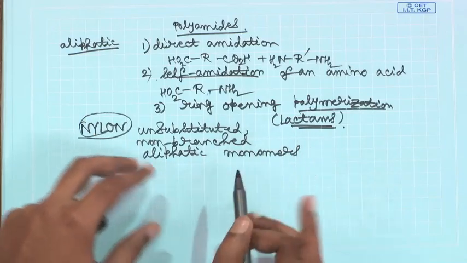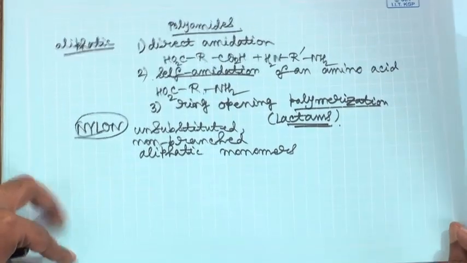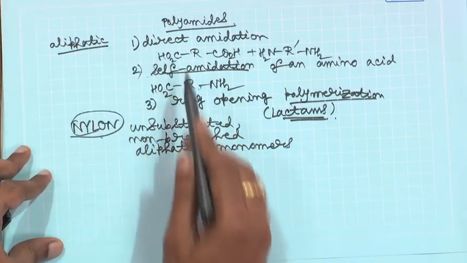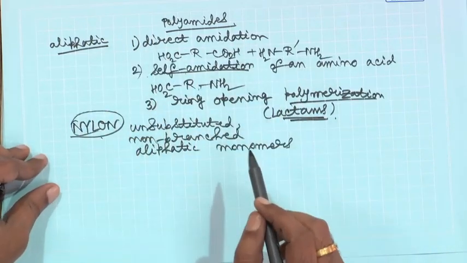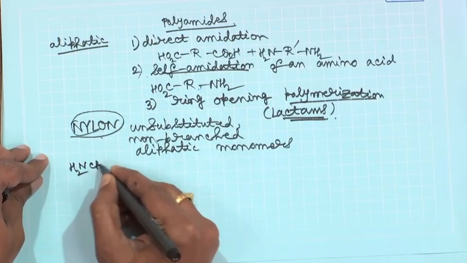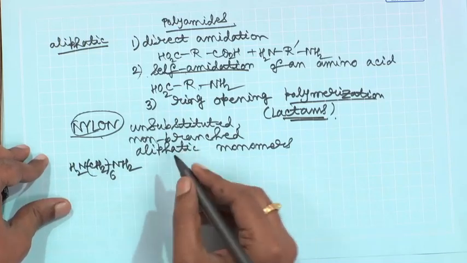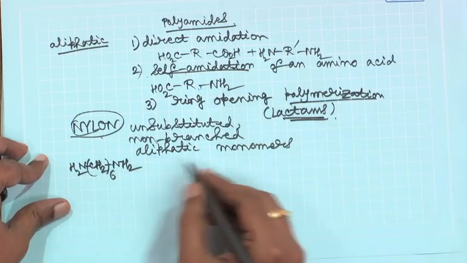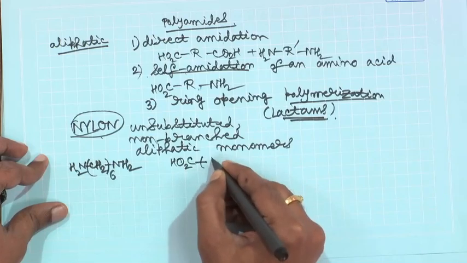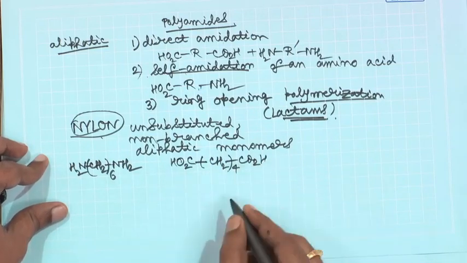Now, certain nomenclatures that I should tell you here. So, let us say you are preparing a nylon through a direct amidation process. Let us say you have taken a diamine, hexamethylene diamine, and the acid is, let us say you take adipic acid. Okay. So, what will be the resultant polyamide?